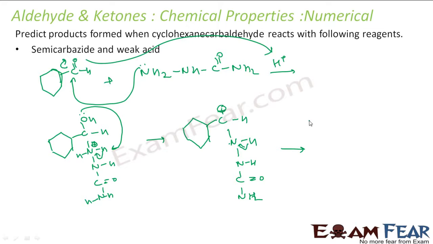Negative and positive will form a bond, so what it will form is a double bond here. This is the output. This is cyclohexane carbaldehyde semicarbazone.